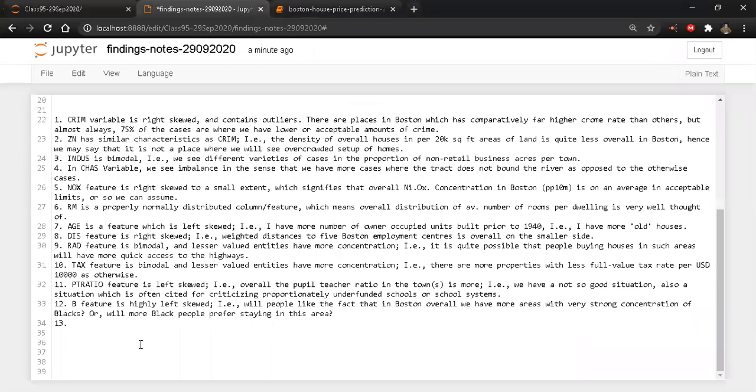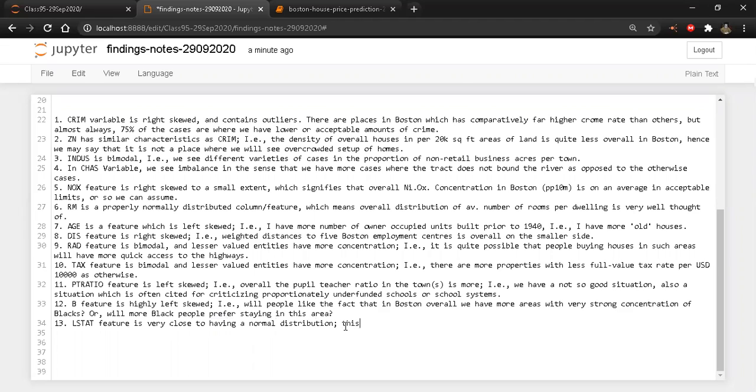Which means I can say LSTAT, the name of the column, the LSTAT feature is very close to having a normal distribution.